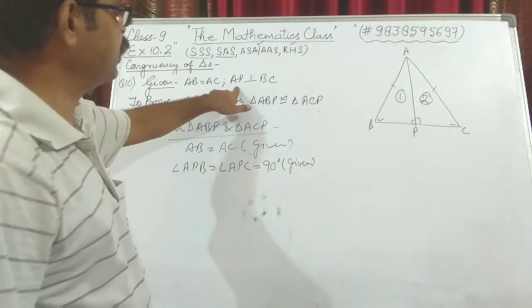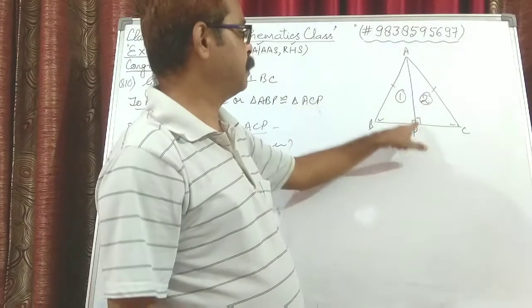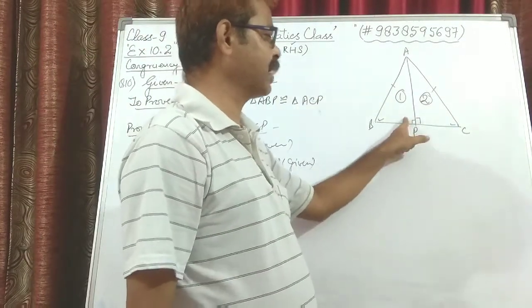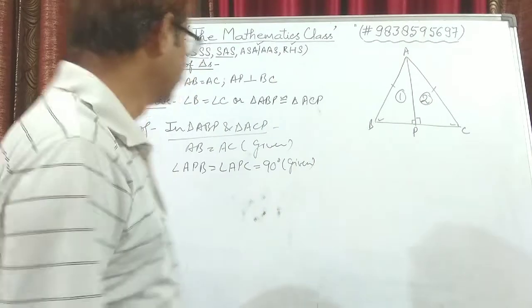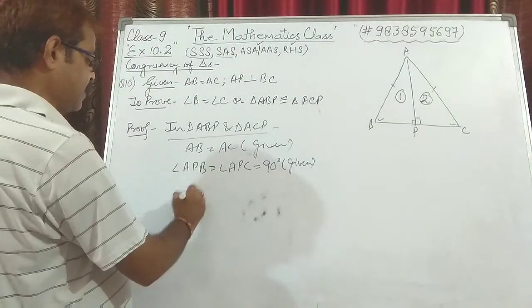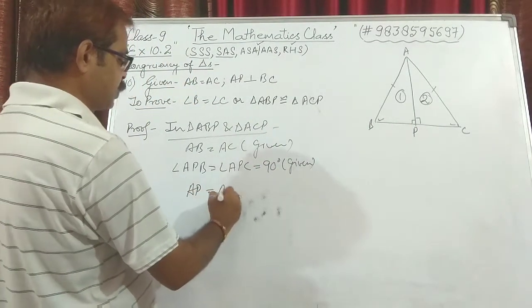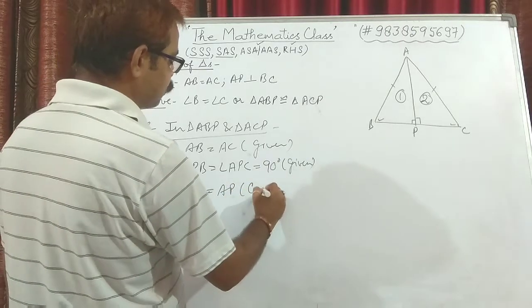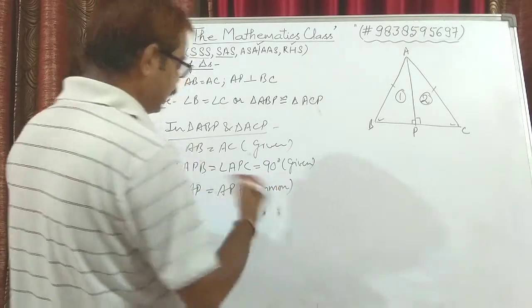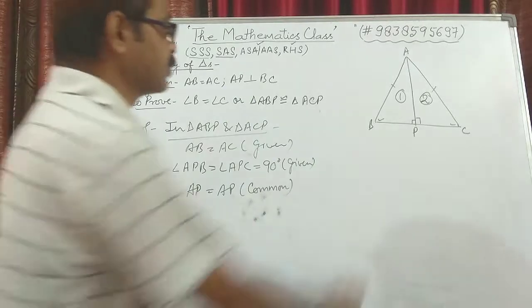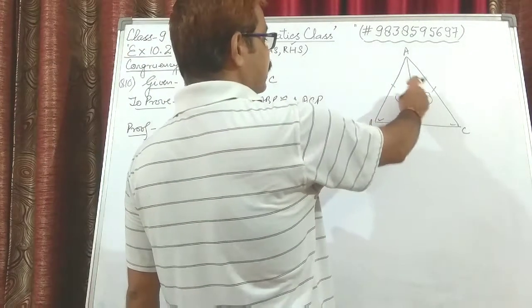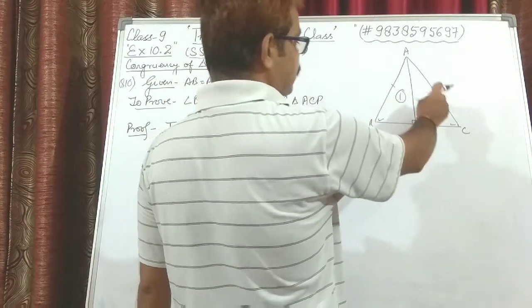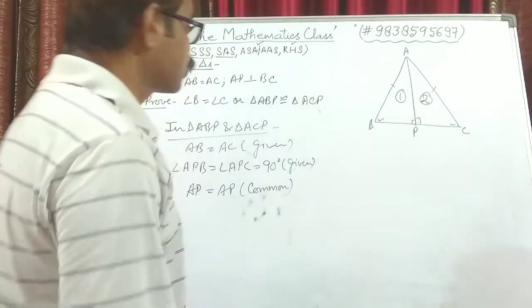Because they say AP is perpendicular to BC, means this angle is also 90 and this angle is also 90. Third point, AP is equal to AP, since AP is common to both the triangles. AP is contained in the first triangle as well as in the second triangle.